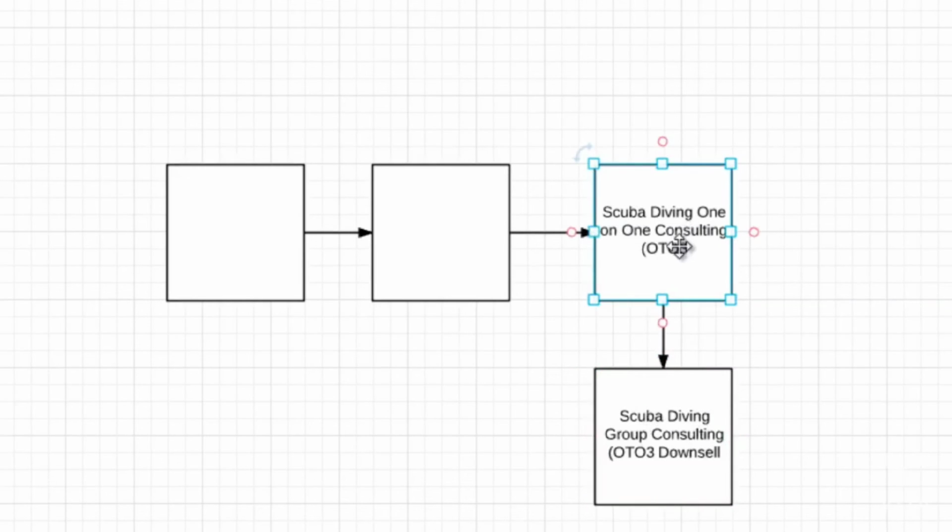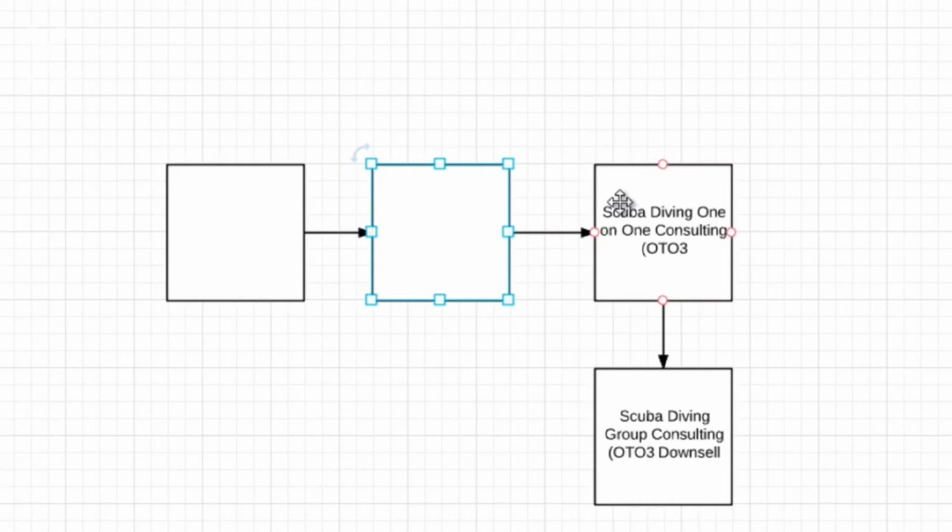So that's basically how it works. Now, how can we best ultimately sell this OTO3 here? Well, the best way to sell a service could be through a product, an information product, an ebook, a video course, something like that.